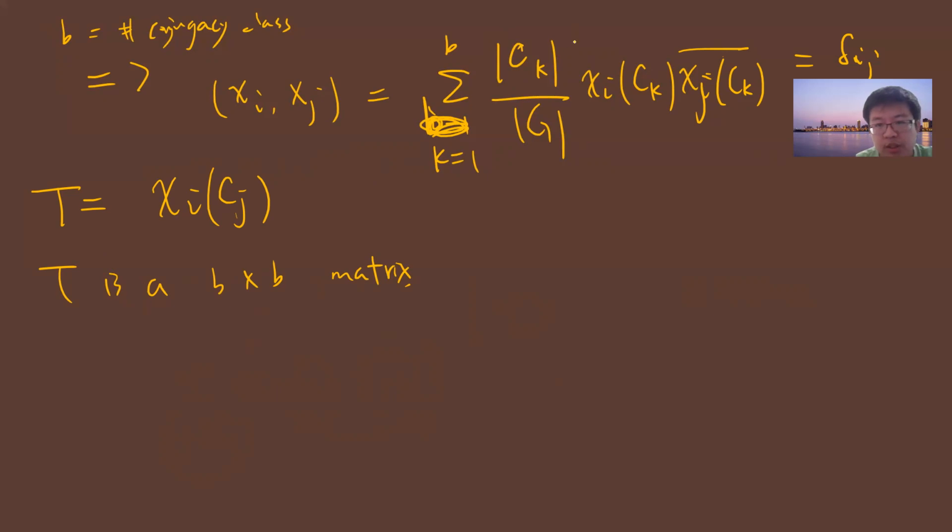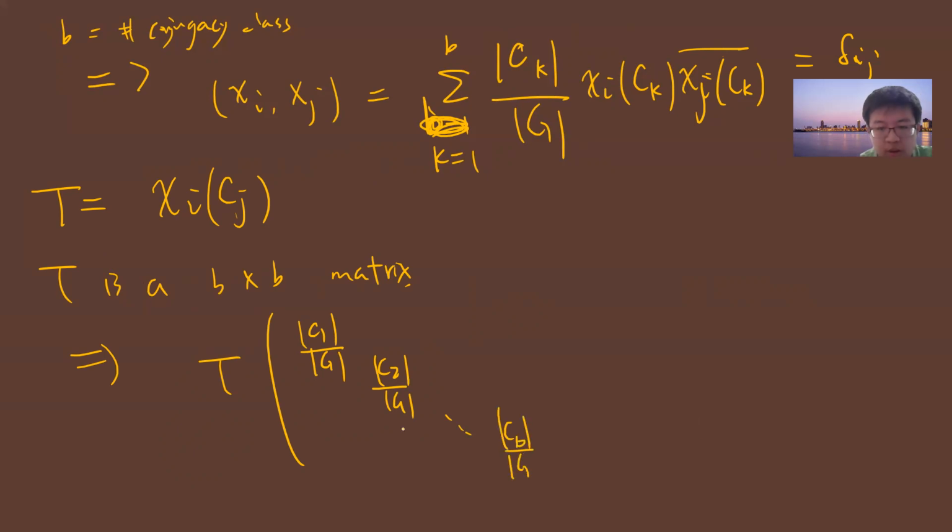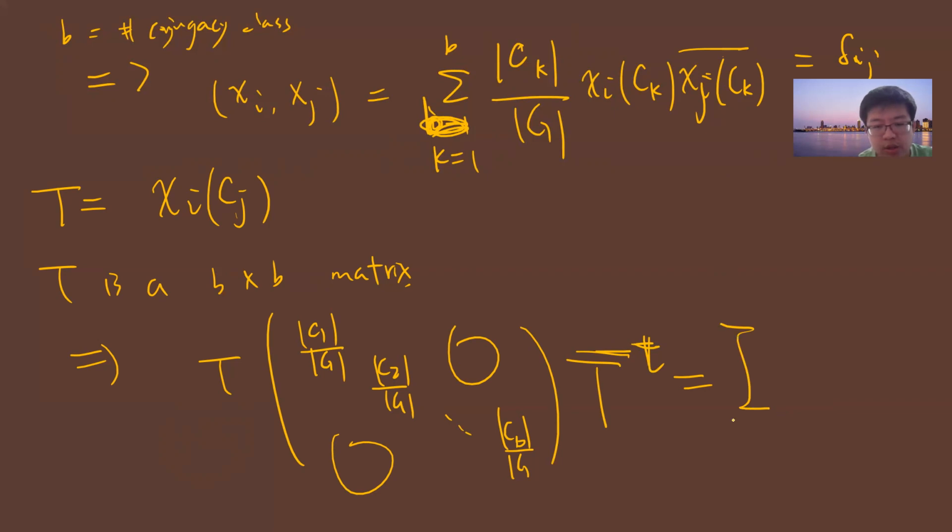So one can write this equation as a matrix: T times the diagonal matrix with C_1 divided by G, C_2 divided by G, up to C_B divided by G, and then T transpose complex conjugate. Remember, this gives the identity matrix, the B by B identity matrix.